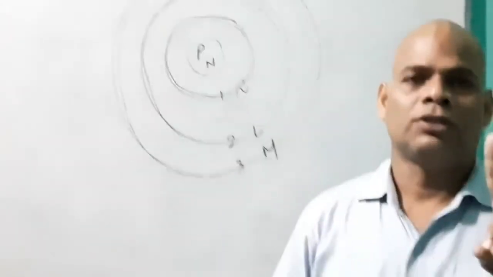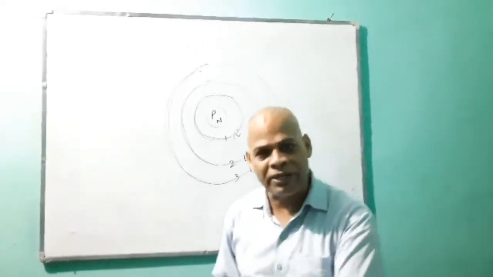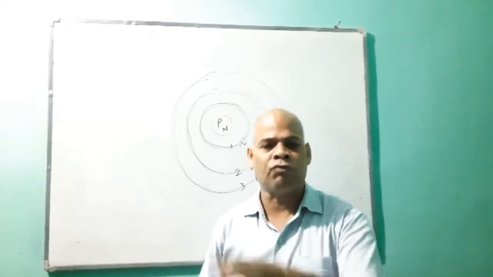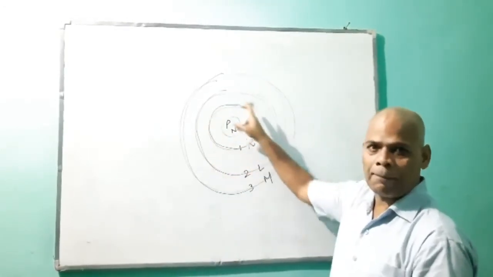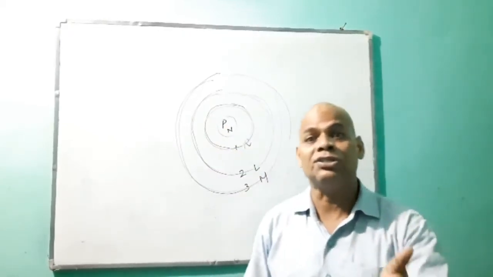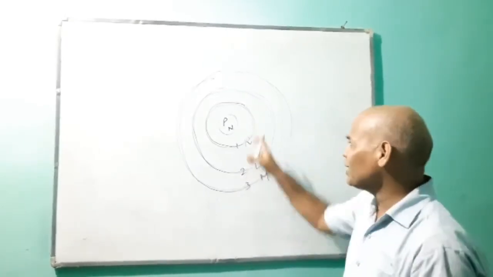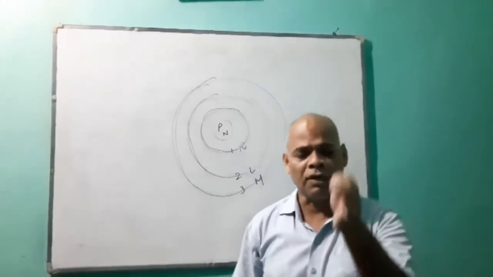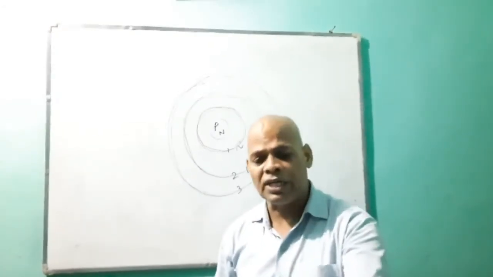So each shell is associated with a definite amount of energy. That's why this circular path, this orbit or shell, is also known as energy level. My dear students, please keep in mind why this orbit or shell is also known as energy level, because each shell is associated with a definite amount of energy.